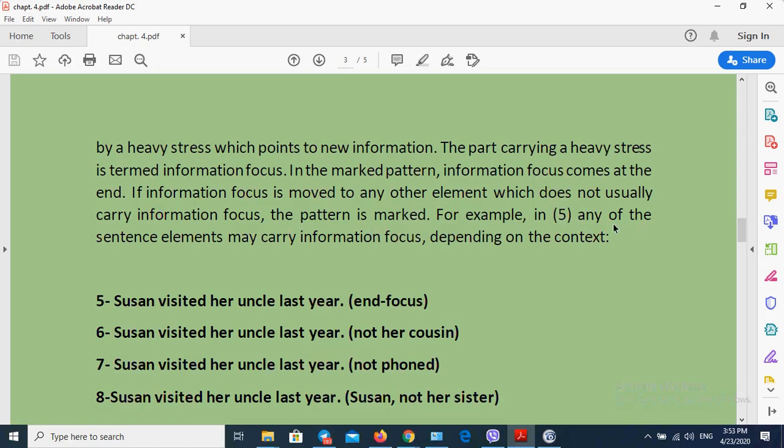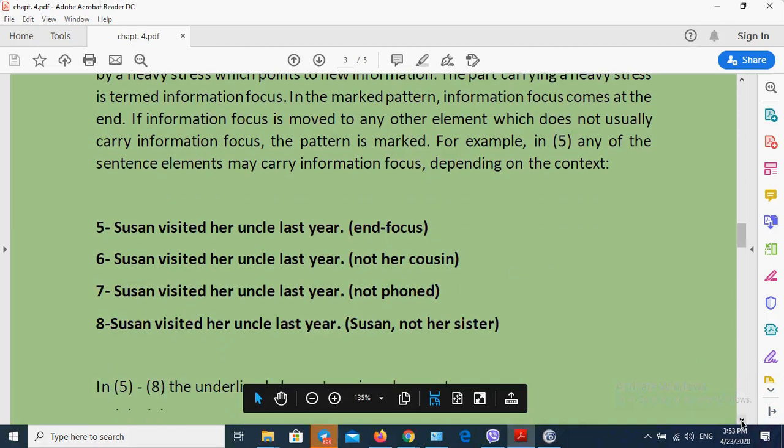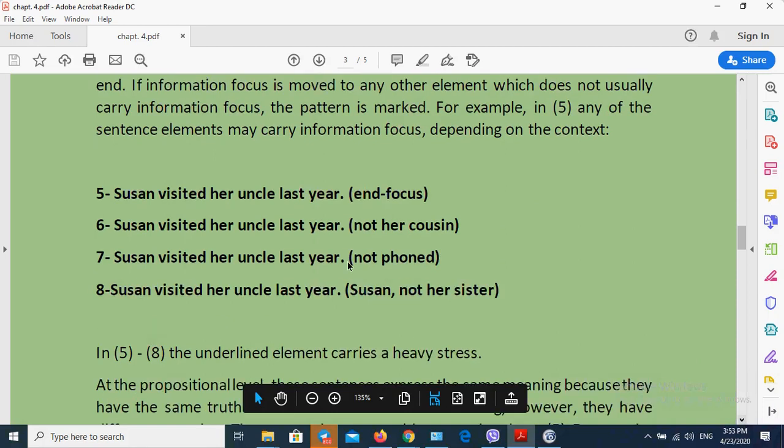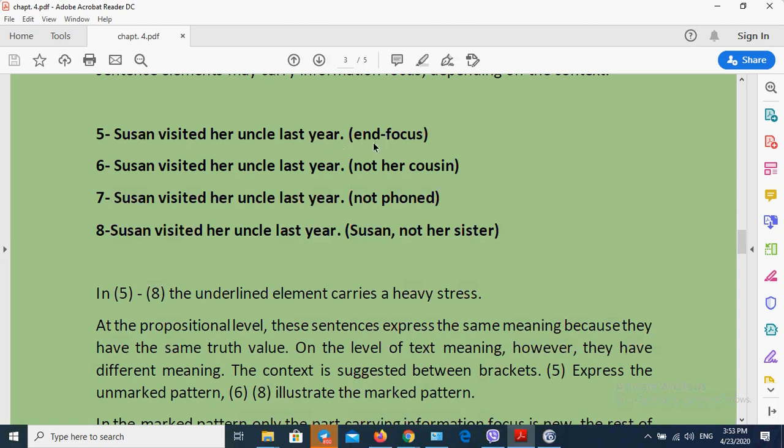For example, number 5. Any of the sentence elements may carry information focus depending on the context. That means here you concentrate on the context. Let's see here number 5: Susan visited her uncle last year. Where did you focus? When did Susan visit her uncle? Last year.